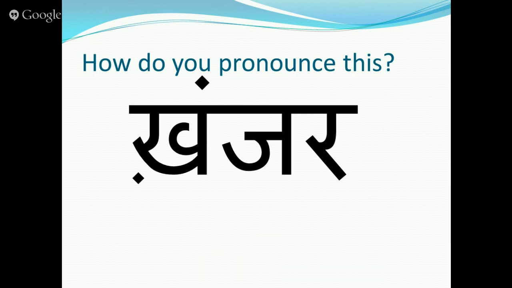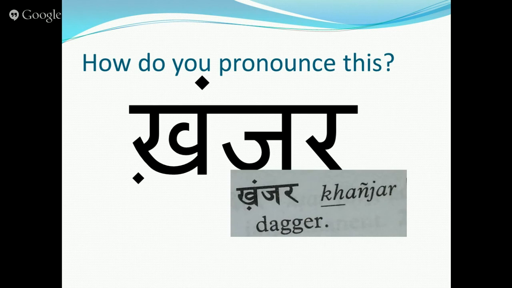How do we pronounce this? Do you have your answer? Well, hopefully by now you know that whenever we see a dot, we need to look in the dictionary. And so here we see an N with a squiggly line over it.